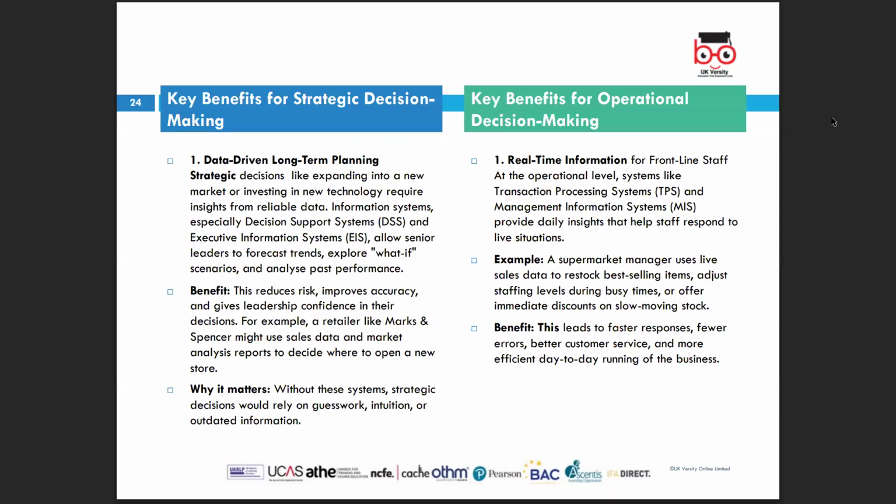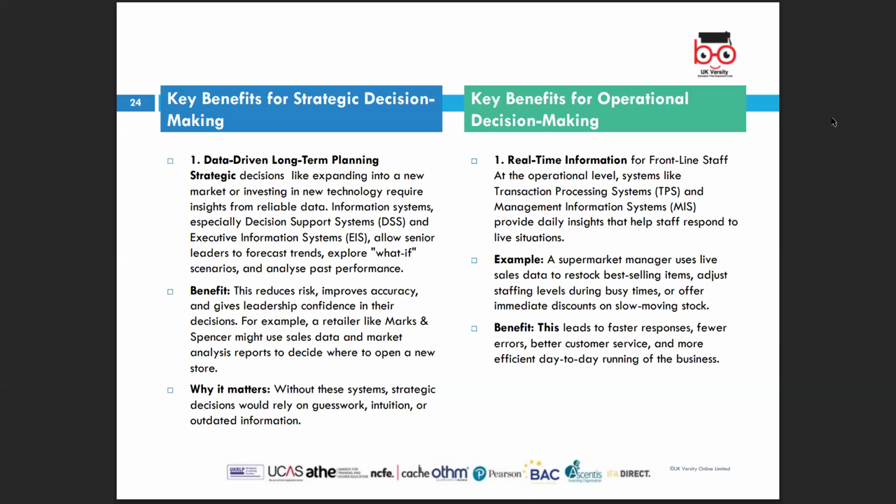So what are the key benefits when it comes to strategic decisions? We're looking into data-driven long-term planning strategy, such as decisions like expanding into a new market or investing in new technology, which require insight from reliable data.